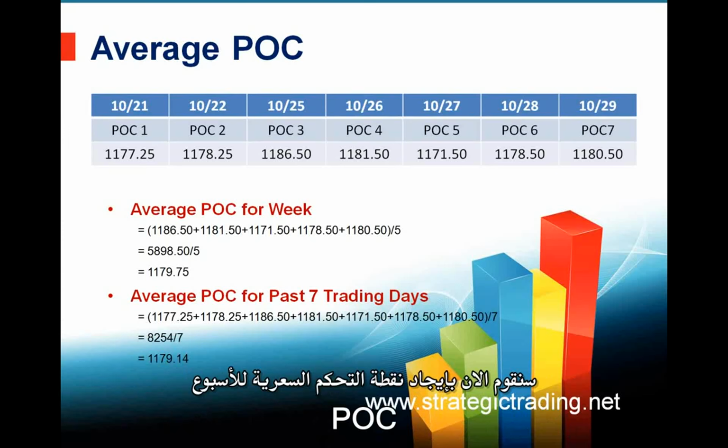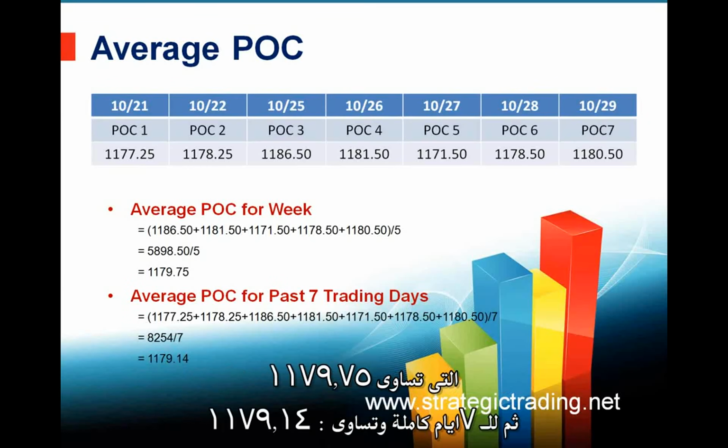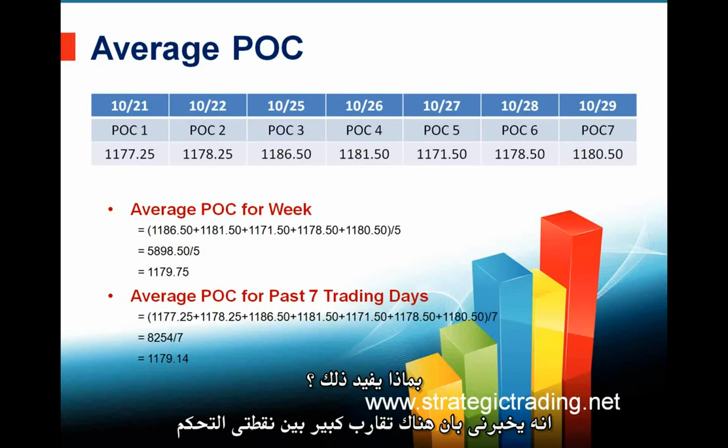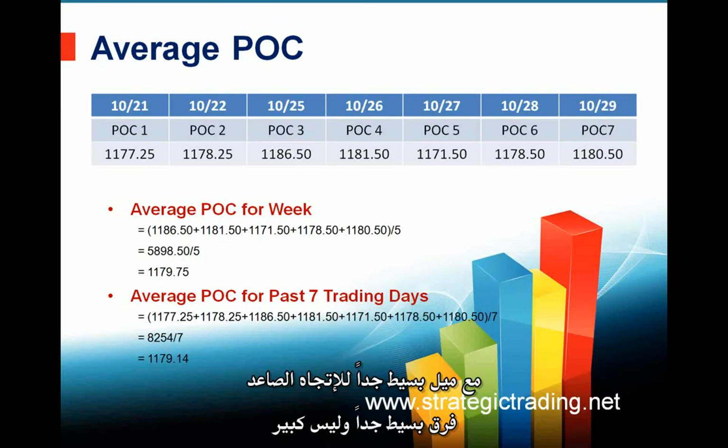Having said that, I've now come up with an average POC for the week of 1179.75, and for the entire 7 days, 1179.14. So what does that tell me? Well, in terms of the point of control, we're still pretty close for the week and for the 7 days, with a slight favor to the upside. We moved a little bit, not much, but a little bit.